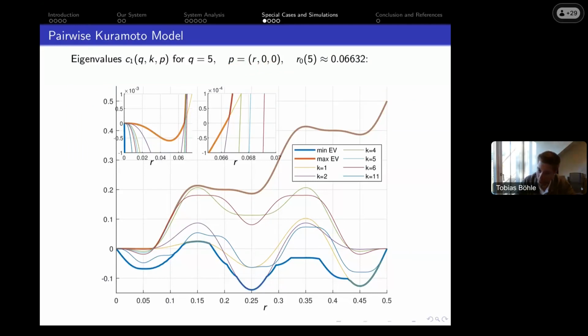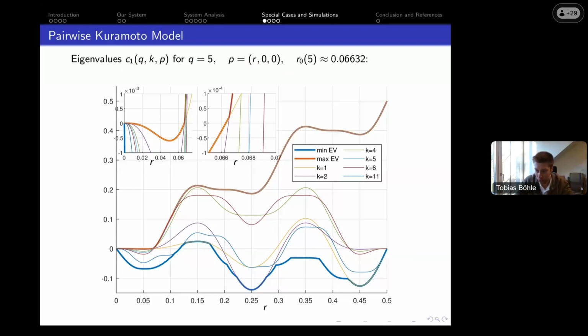And this figure here shows the eigenvalues. So the coefficient C1 of a 5 twisted state, Q is equal to 5. And the figure shows how these eigenvalues depend on the only parameter R in the system here.